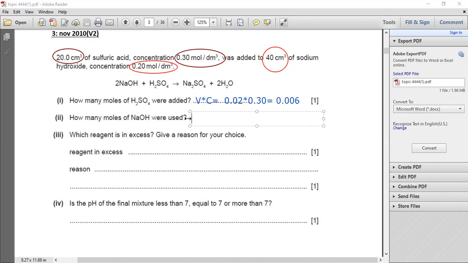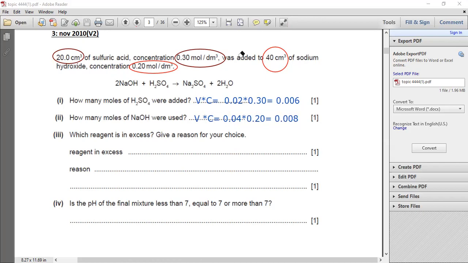So here also, volume multiplied by concentration, but we convert 40 into cubic decimeters. It will be 0.04, multiplied by 0.2. It equals 0.008. Thank you.